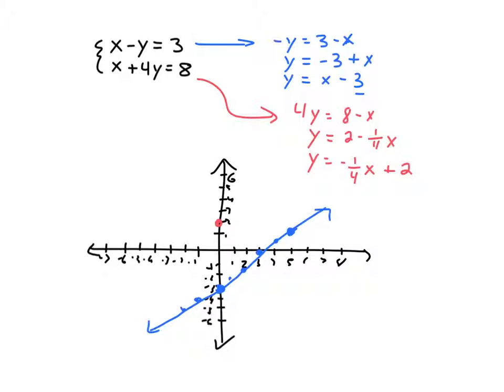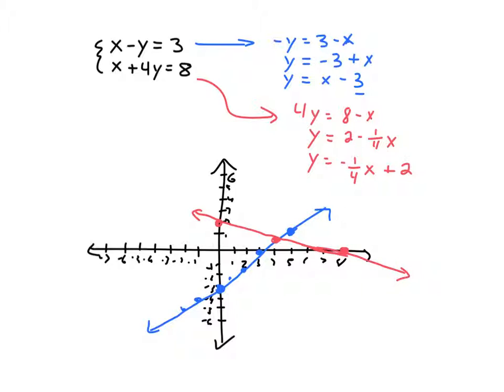So you rise 1 and run 4, or you fall 1 and run 4 because it's negative, so we're running the other direction. So fall 1, and then I go 1, 2, 3, 4. That would bring me here. I'll go ahead and draw this line.